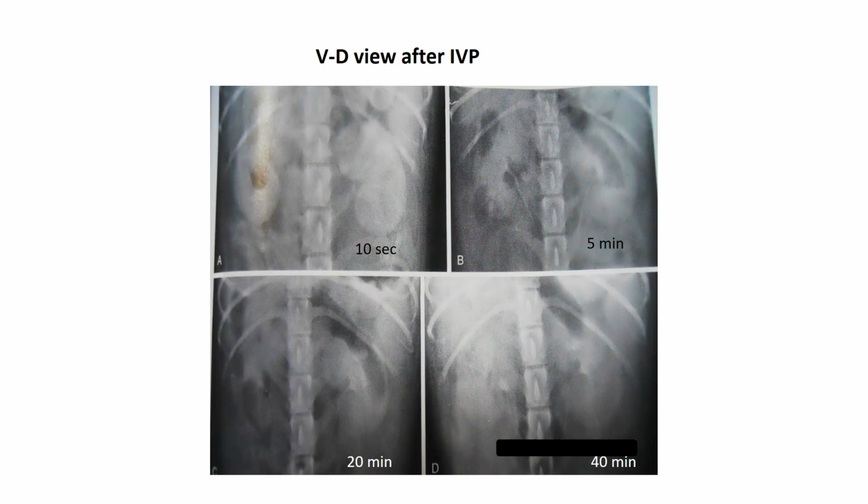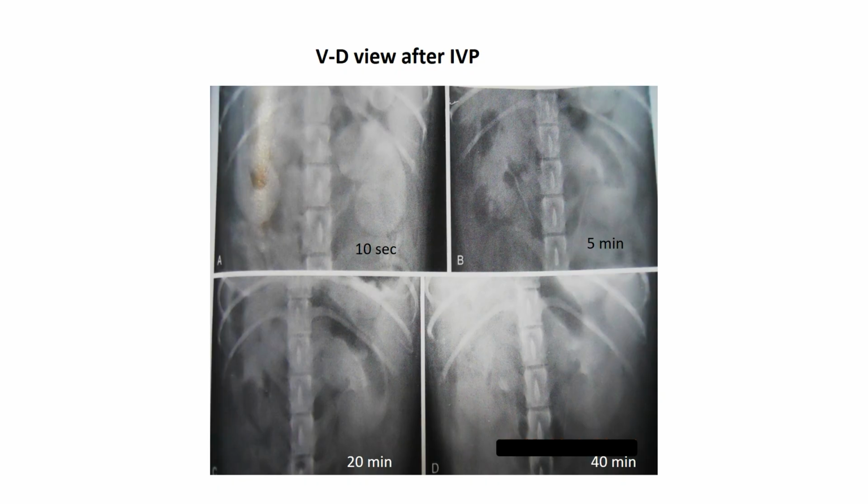Here this is a ventrodorsal view of a dog after giving intravenous pyelography, after giving a contrast agent. Here you can visualize both the right as well as left kidney after 10 seconds of giving the contrast agent.